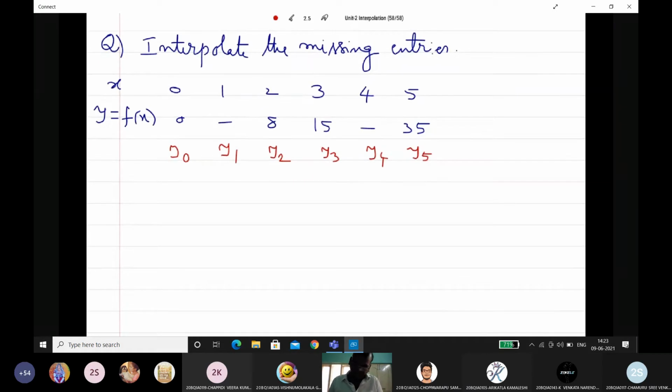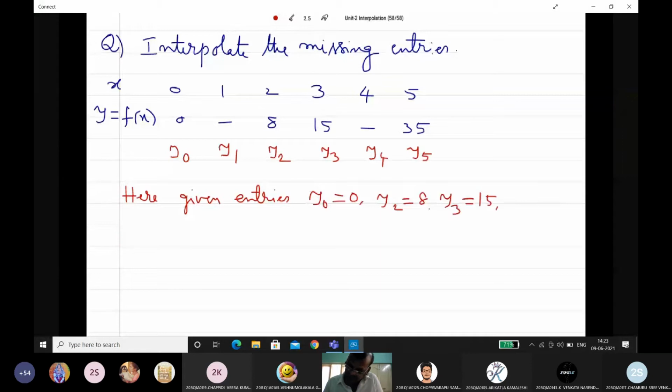Right? Now, given entries here, what are the entries? y0 is equal to 0, y2 is equal to 8, y3 is equal to 15, y5 is equal to 35.